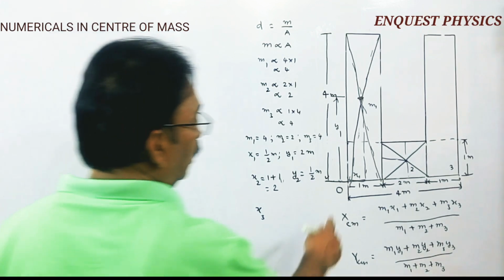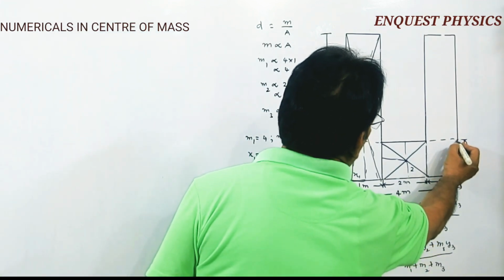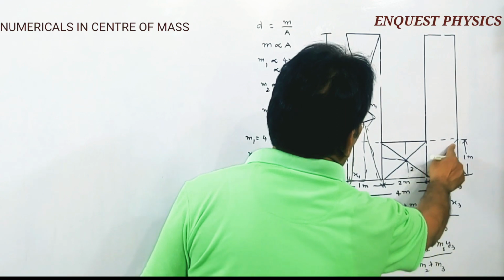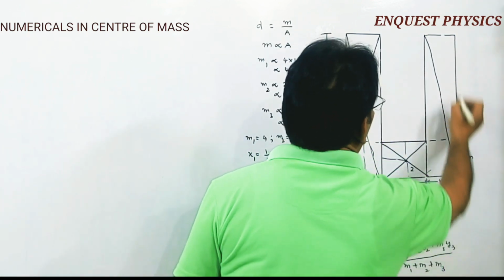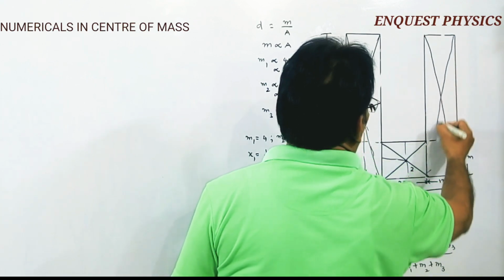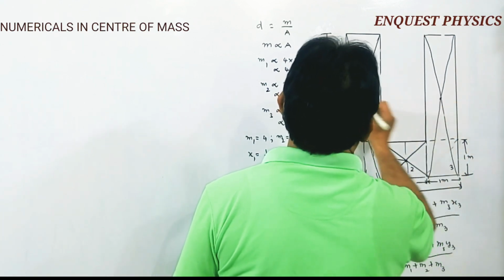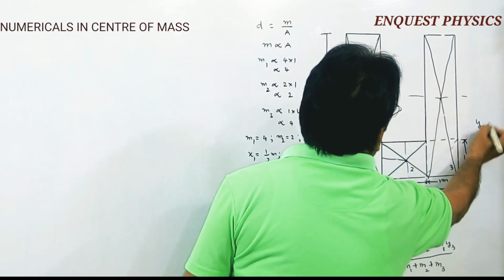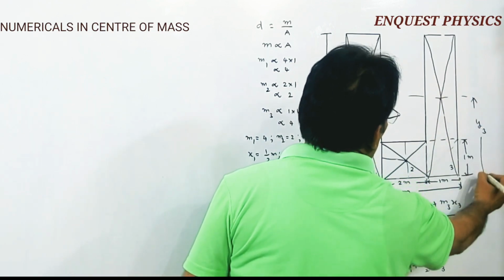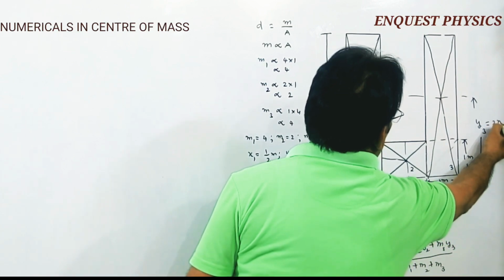Okay students, here the same thing is happening. If you join the diagonals, they meet at a particular point. It is the same as y1, it is y3, obviously it is 2 meter.